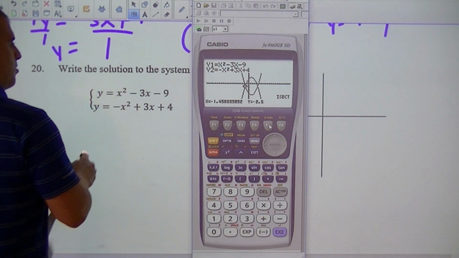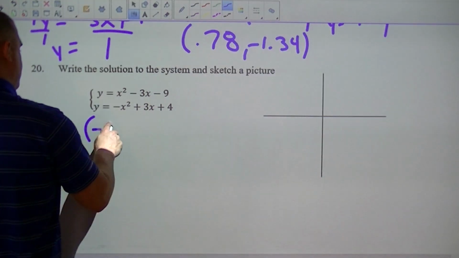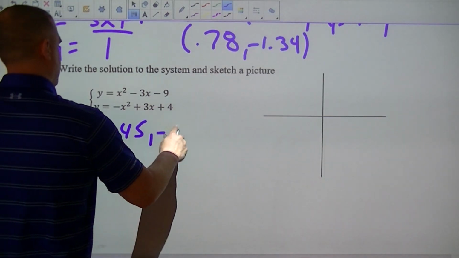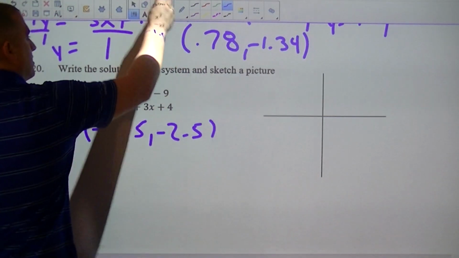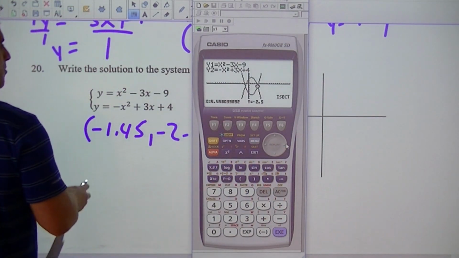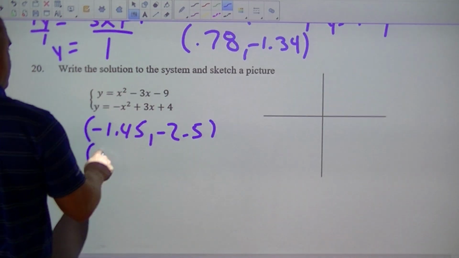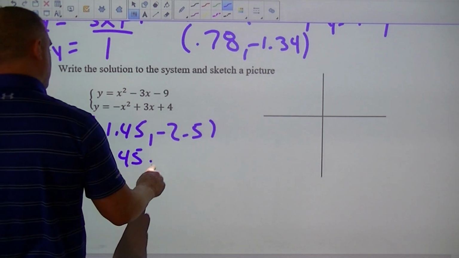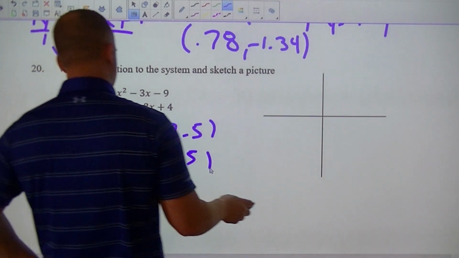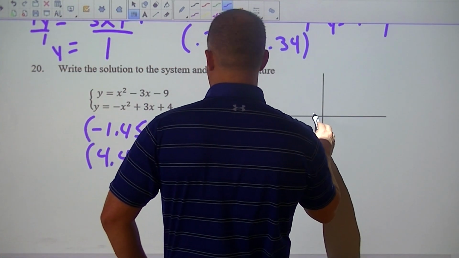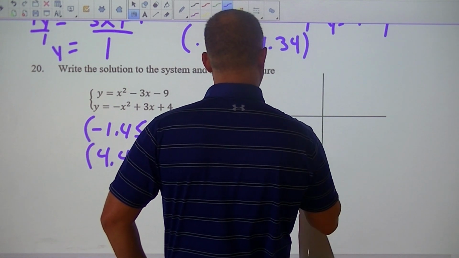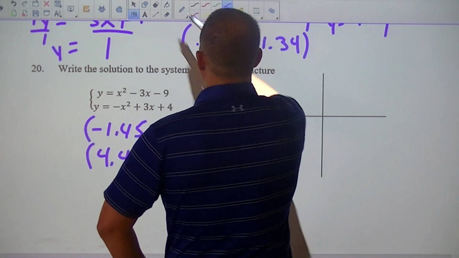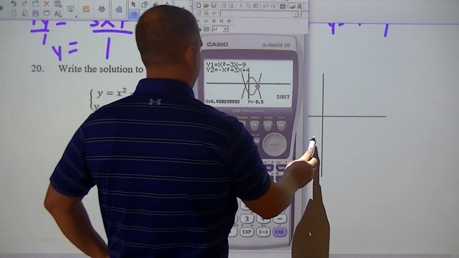I got negative 1.45 and negative 2.5. And then if I hit over, I get the other one, which would be 4.45, negative 2.5. So what you want to do is, just emulate the picture, something like this.